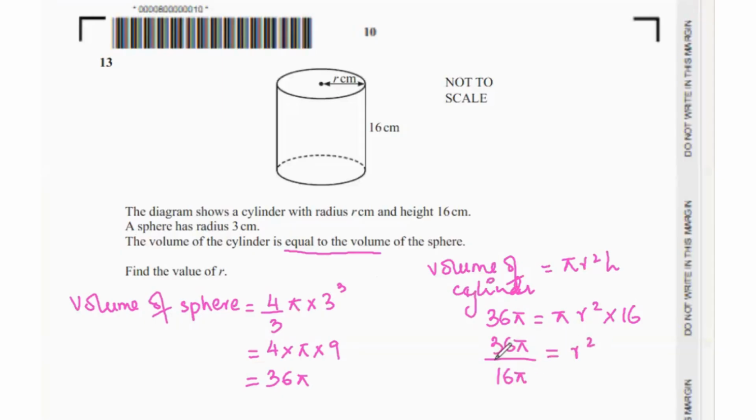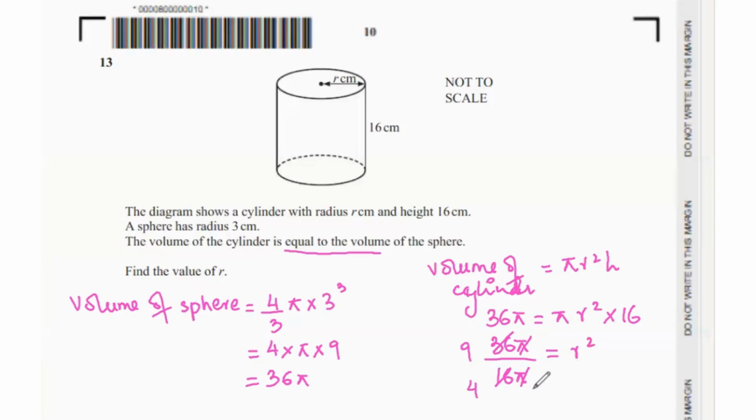We know 36 and 16 both come in the 4 times table. This becomes 9, this becomes 4. And like I said, keep the pi because we can easily cancel out the pi over here. If we had multiplied 36 with 3.142 or 22 over 7, that would have just made your calculation more lengthy and time consuming. So just keep it in terms of pi and simplify it later.